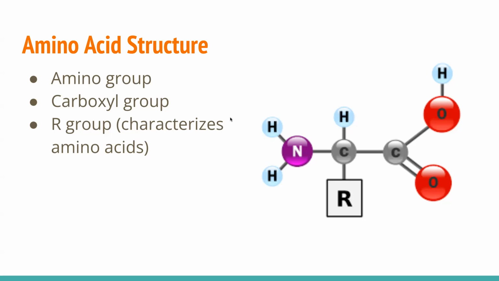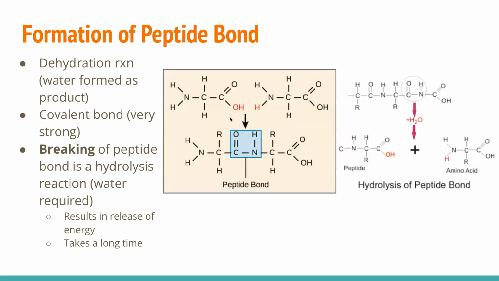All right. So formation of peptide bond, very important thing we talked about in class. So this is a dehydration reaction. And so if you look at the box in the middle right there, the highlighted atoms of 1 oxygen, 2 hydrogens are the ones that get taken out of the 2 amino acids and combined together into the peptide bond right there.